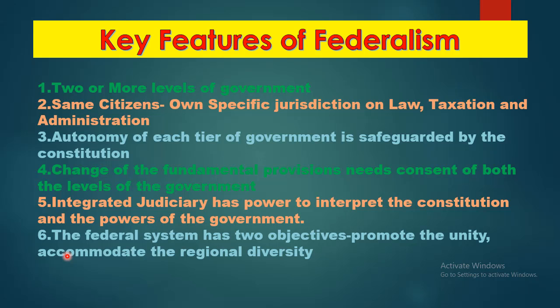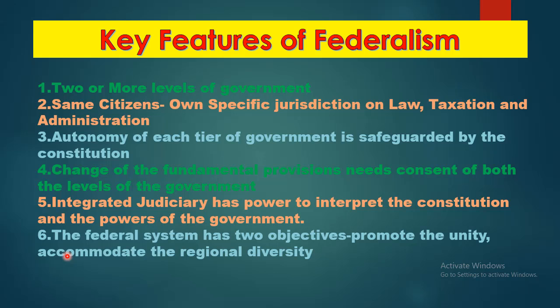Objective number 2: accommodate the regional diversities. There are different regions in our country, for example south, north, east, northeast, and all the regions will have different culture, different lifestyle, different languages.